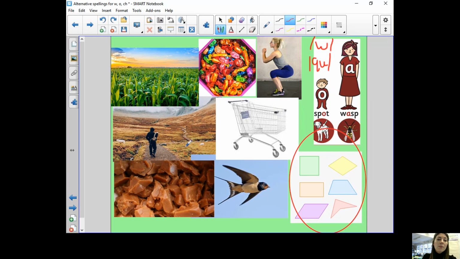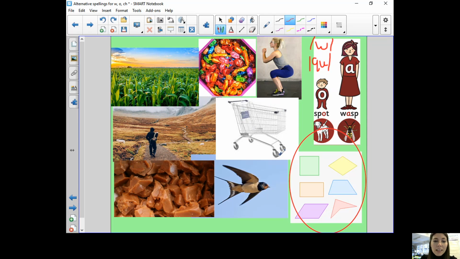Crops, wander, toffee. Here we have some yummy chocolates. They are called quality streets. Can you say the word quality? Fabulous. Quality. This lady is doing a squat. Let's say squat together. Squat. We all know what this is. We have a trolley.